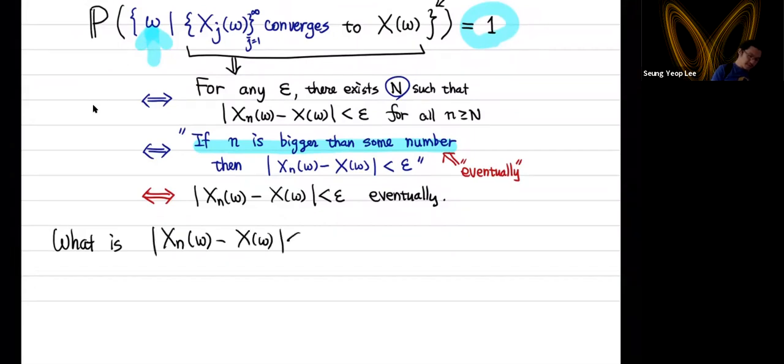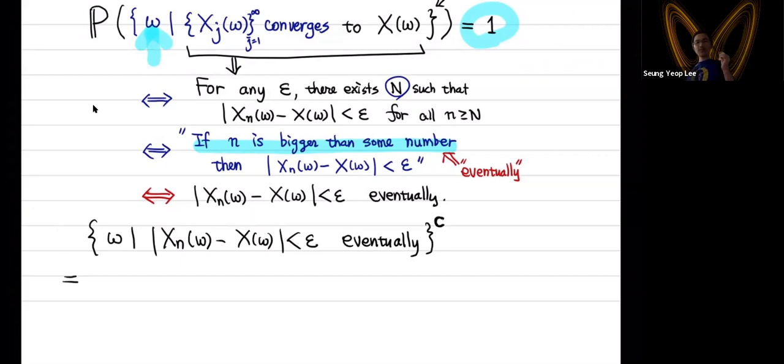Let's consider this set, the points omega where Xn is eventually converging to X of omega.